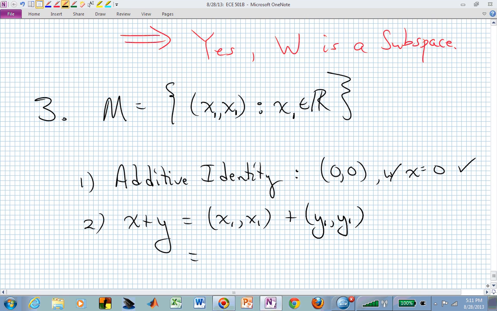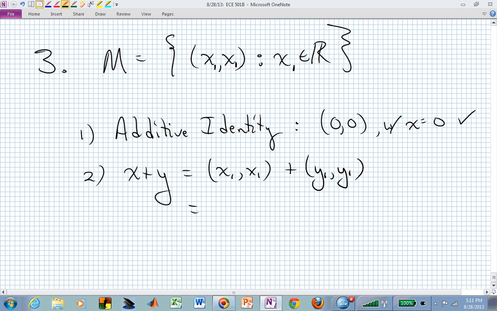Our addition property says we just need to add up the components. And is that in M? Yes, because both components are equal.